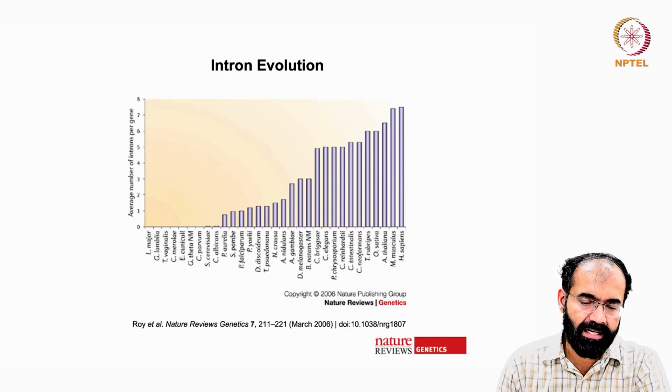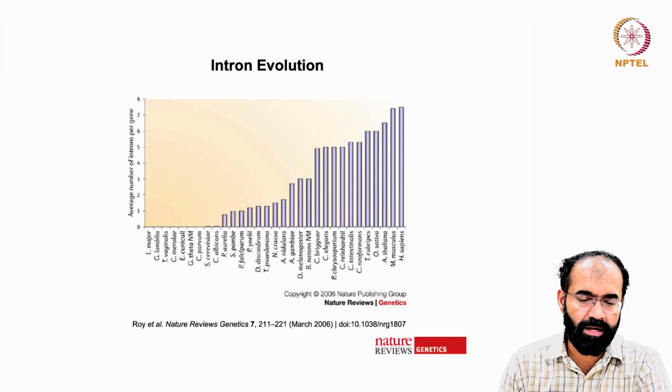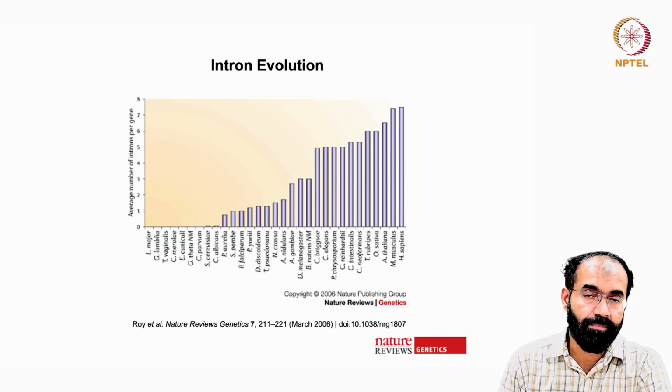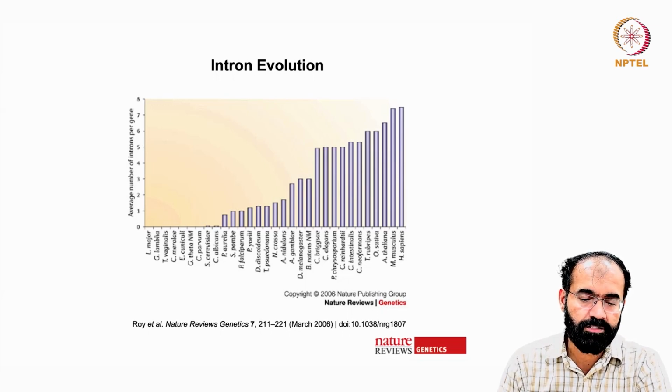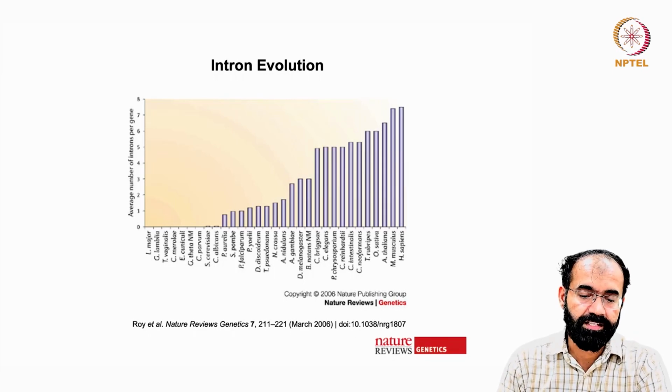As you can see here, from yeast onwards, Schizosaccharomyces pombe, Saccharomyces cerevisiae, etc. Saccharomyces cerevisiae has a very minimal number of introns. Saccharomyces cerevisiae is Baker's yeast, and Schizosaccharomyces pombe is fission yeast.